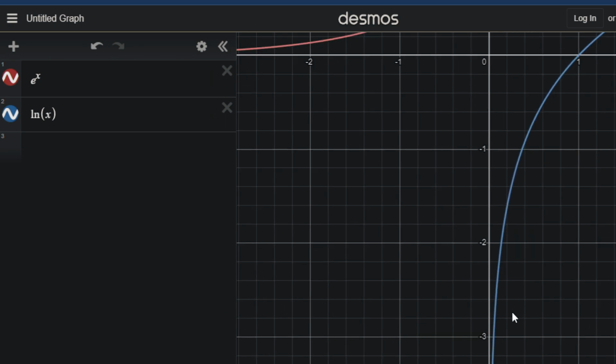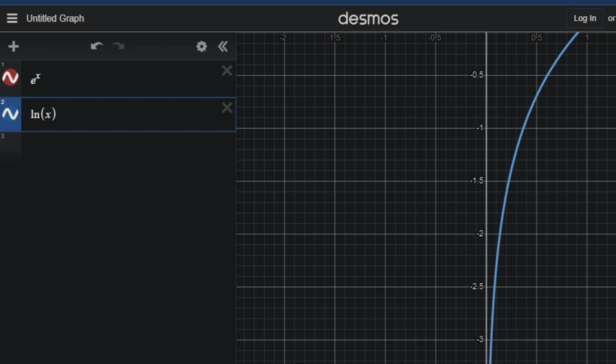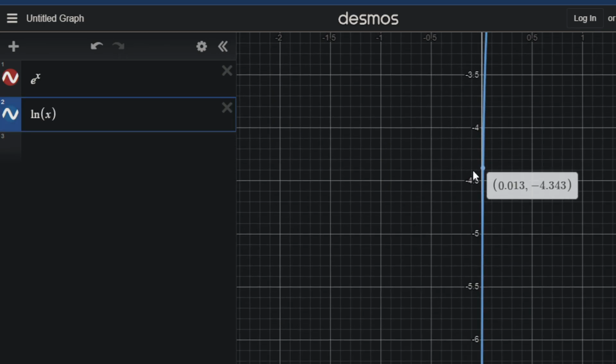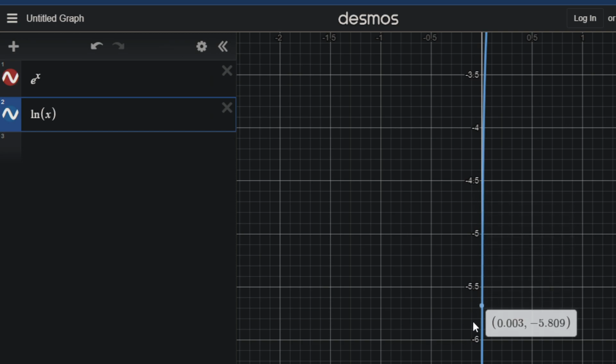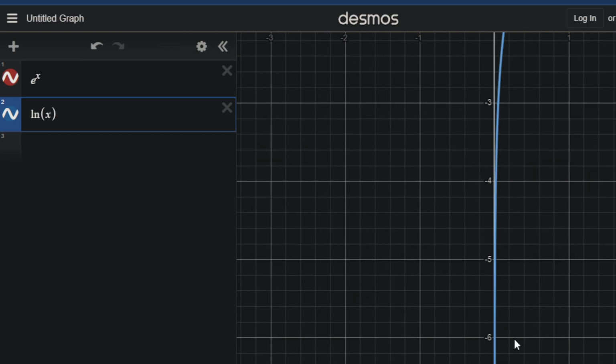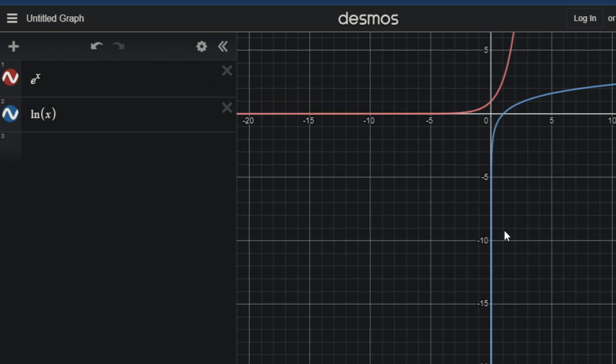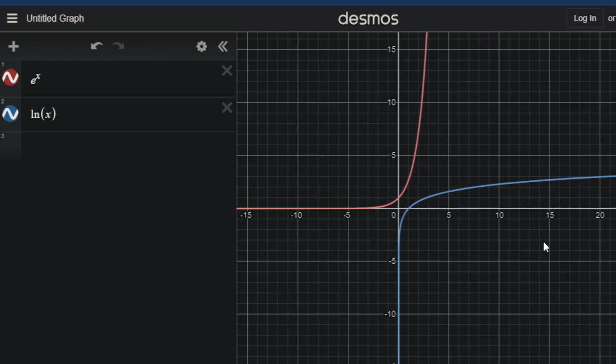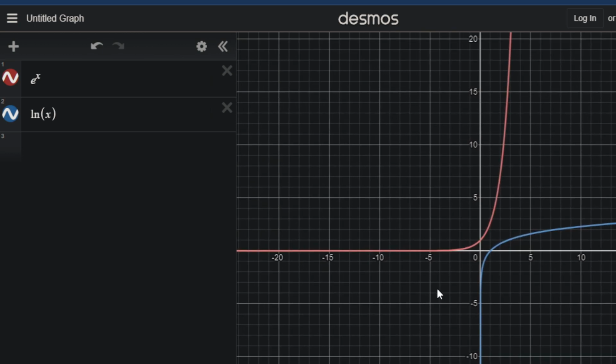Same thing with the logarithm graph. You can see as we get closer to 0, the numbers are getting smaller and smaller, but we can never touch 0 over there. Again, the exponential graph blows up, gets really big, really fast.